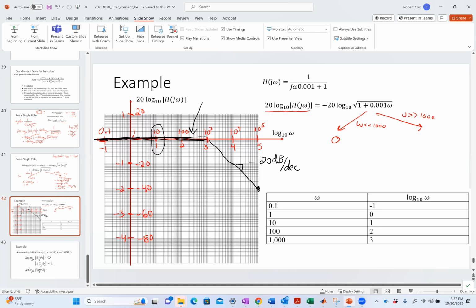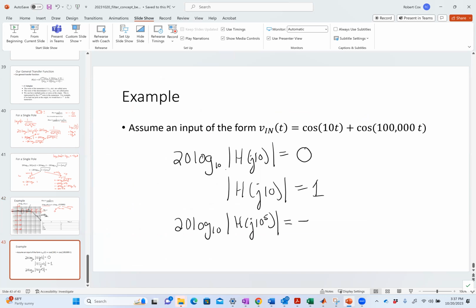So how many dB would that be? -40, right? So this is equal to -40. So I divide both sides by 20. I have log base 10 of the magnitude of H of j 10 to the 5th is equal to what? What's -40 divided by 20? Yes, -2.